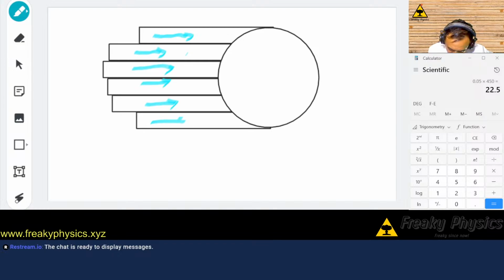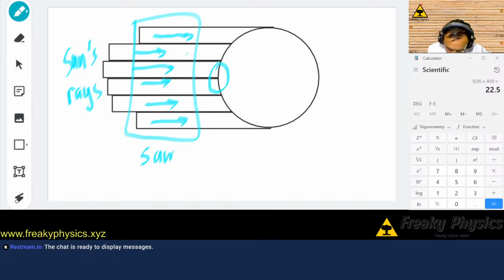So this is the sun. These are the sun's rays. Now you can see here that on this region, all of these have the same intensity, right? And that's represented by equal widths.